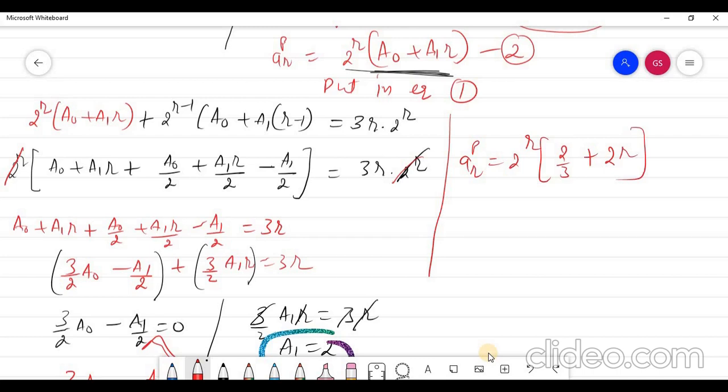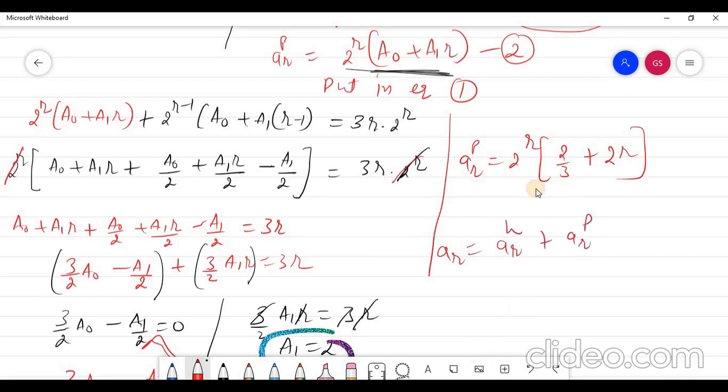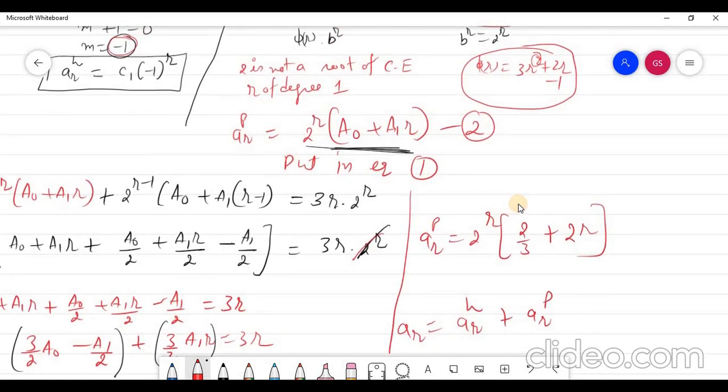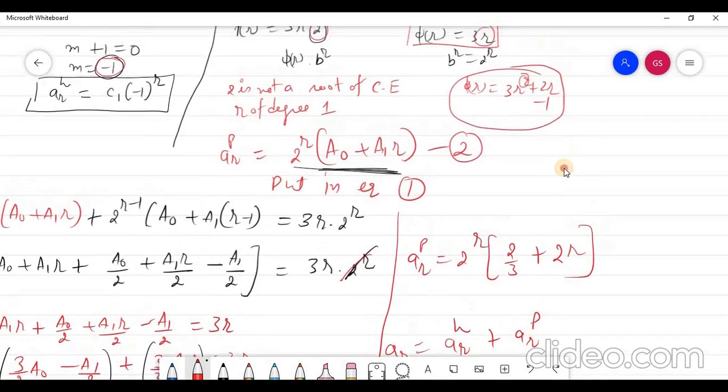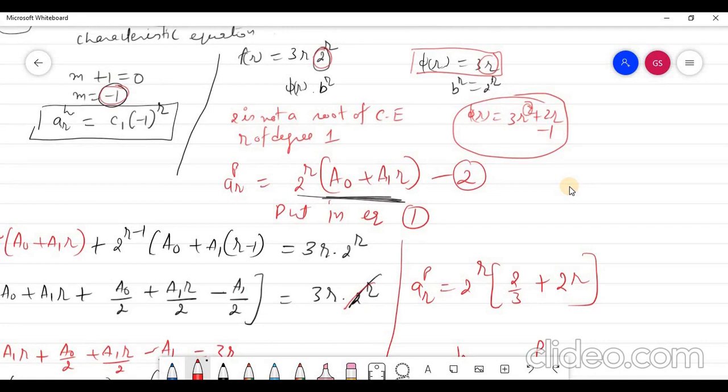And what will be the combined solution for the non-homogeneous equation? That is a(r) is equal to a(r) h plus a(r) p. So what is the homogeneous solution that we have calculated earlier? This is the homogeneous solution.